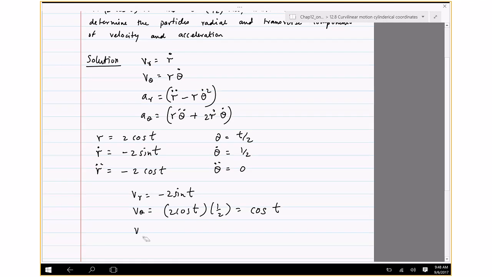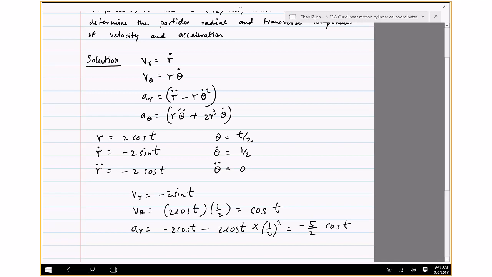AR is r double dot, which is minus 2 cosine t, minus r, which is 2 cosine t, times theta dot square, so half square. That comes out to, no, it's minus 5 divided by 2 cosine of t.